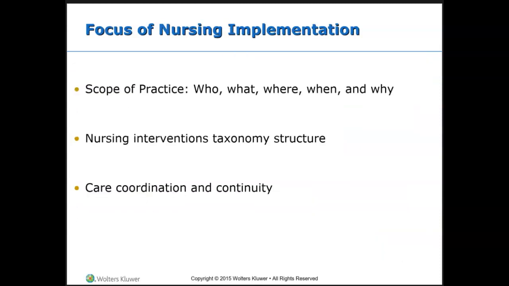The nurse scope and standards of practice describes the who, what, where, when, why, and how of nursing practice. So let's just look through each of those, okay? So we're starting with the who, right?